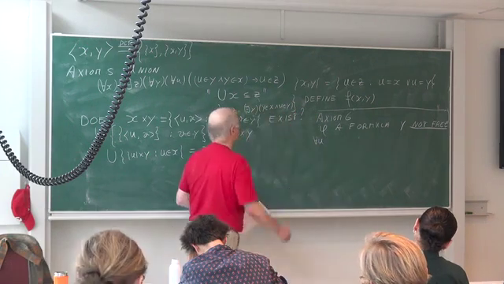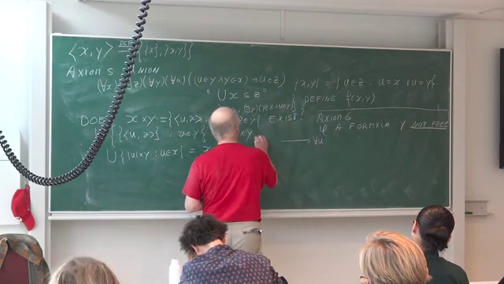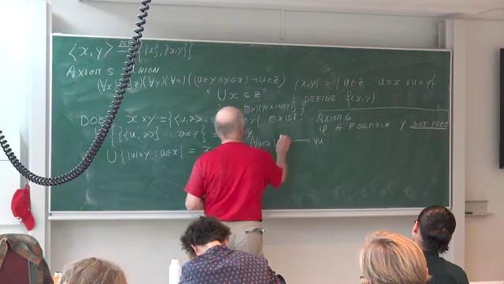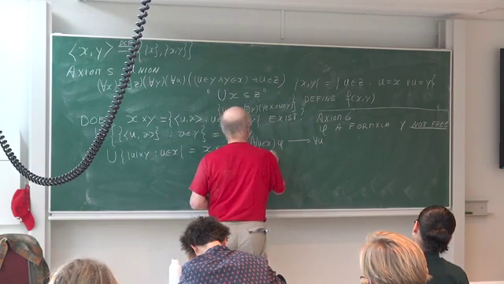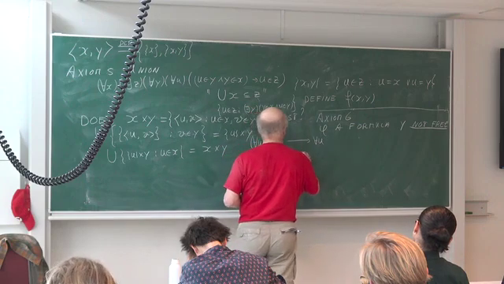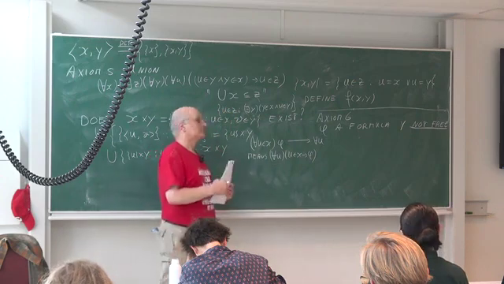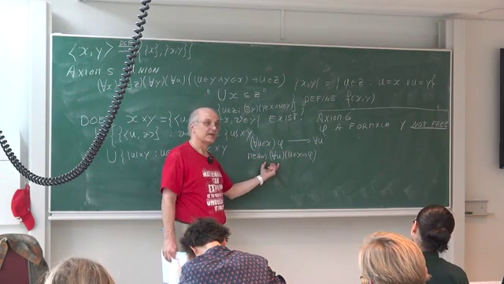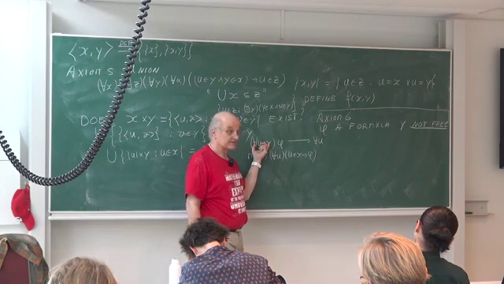Okay, and I'm going to introduce an abbreviation. We do this all the time. For every x in a set, something happens. And that's not a thing that I put in the list of symbols that we could use.